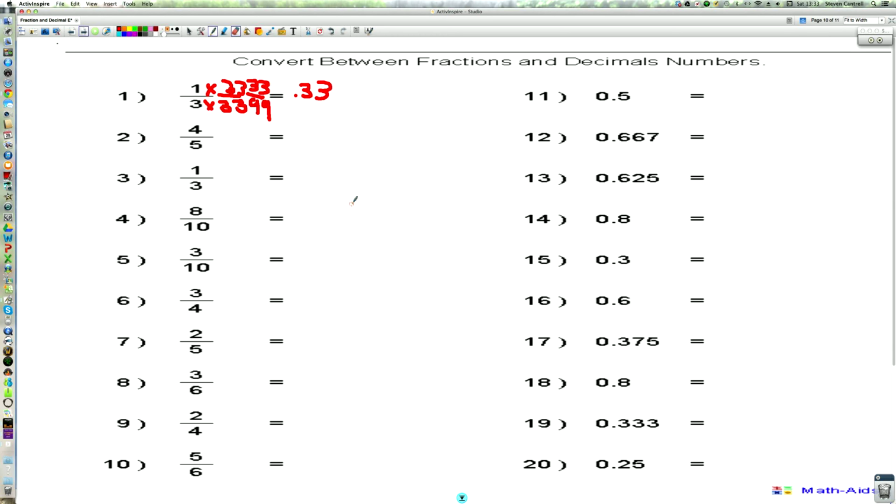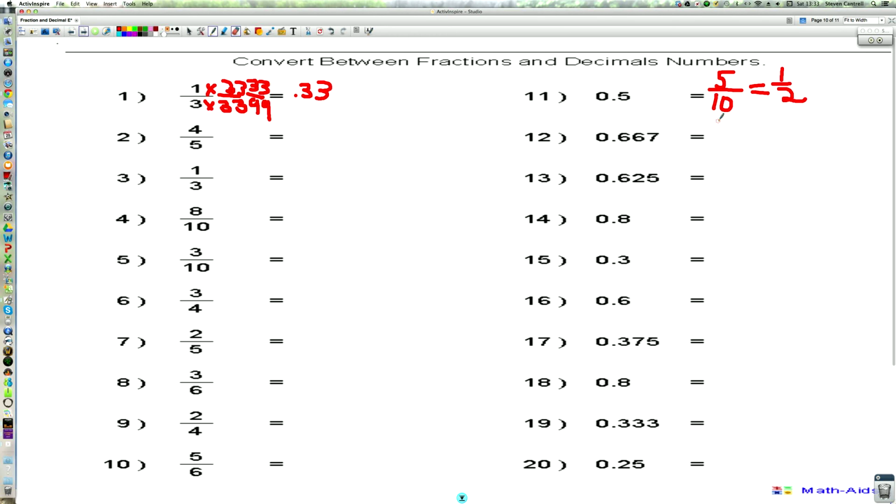These other ones are pretty straightforward. Now, this is 0.5. So what would be this as a fraction? Now, you do want to try to get to your lowest fraction. So this is going to be 5/10. So what's that as the lowest fraction? Well, I divide them both by 5 and end up with 1/2, right? And just keep doing it like that.